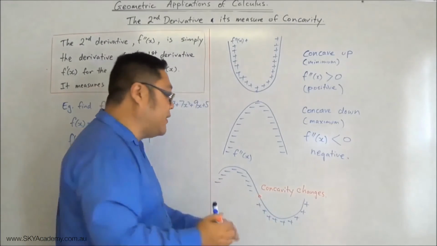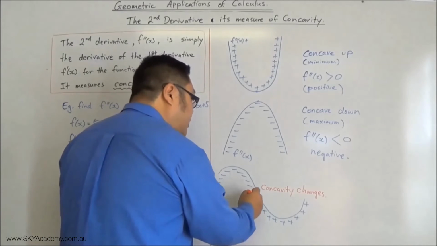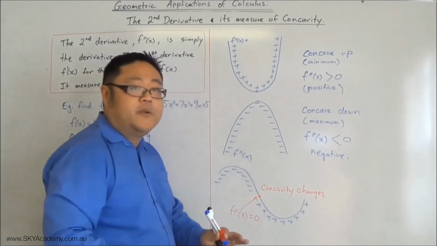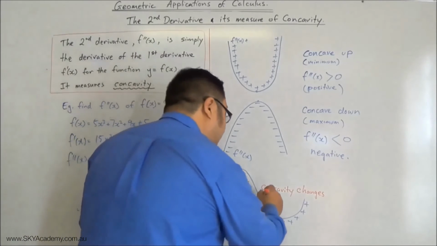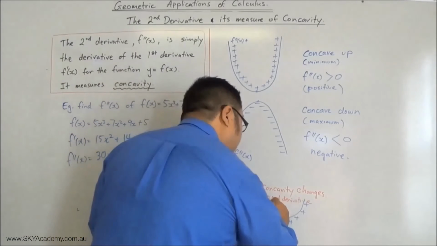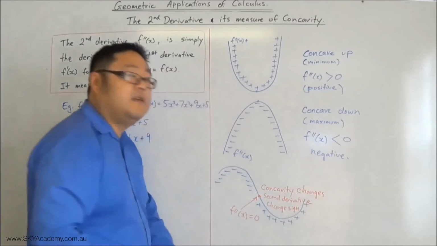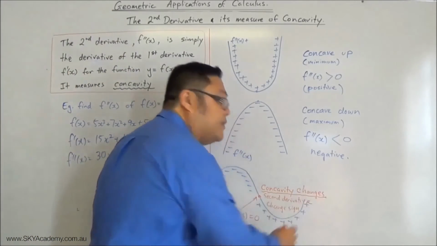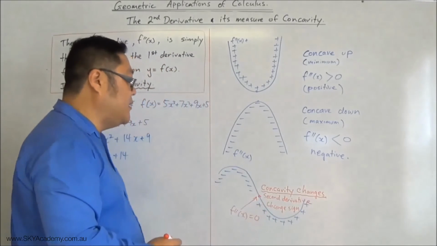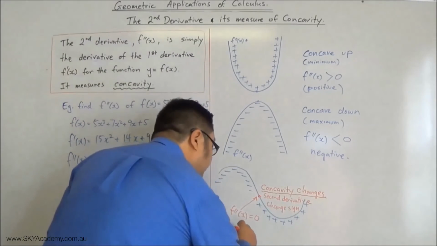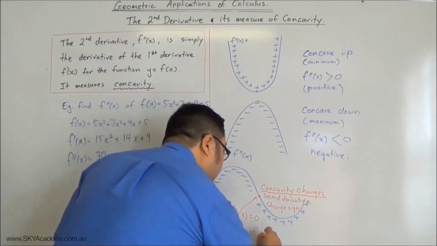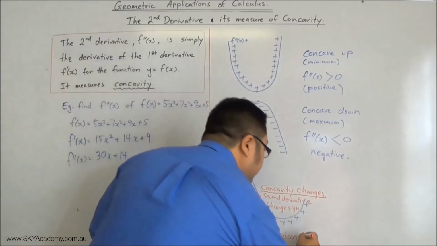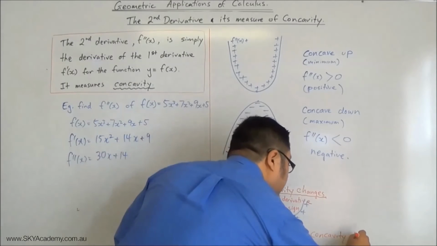At that point, not only is f double dash equal to 0, which you'd expect, but the second derivative changes sign. That point is what we call a point of inflection. A point of inflection is basically where concavity changes.